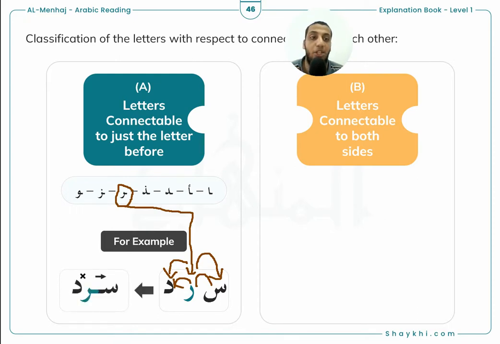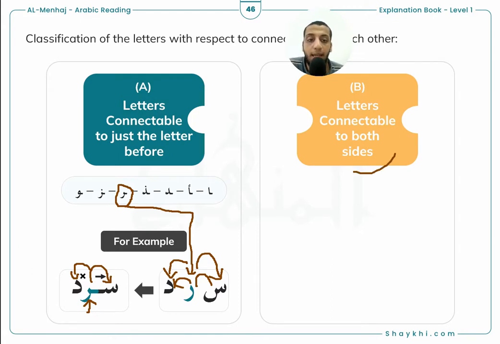This is the result. Ra is connected just to the letter before, which is the letter Sin, but it is not connected to the letter Dal, because the letter Ra is a letter that doesn't connect to the letter after it. The connection here means to be attached to each other, as we see here.